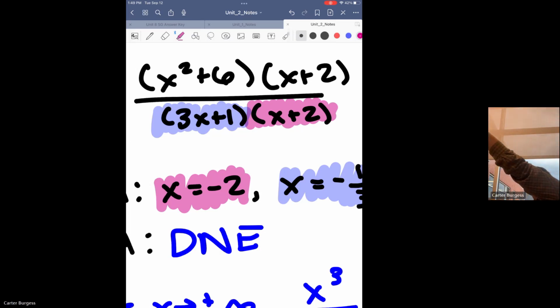Because x plus 2 is in our numerator as well. What is that causing to happen to the x plus 2 in our denominator? They are canceling each other out. Our denominator is getting really, really small, just like around negative 1/3. But what else is getting really, really small? Our numerator is as well.